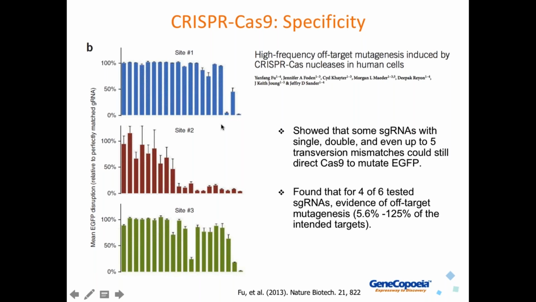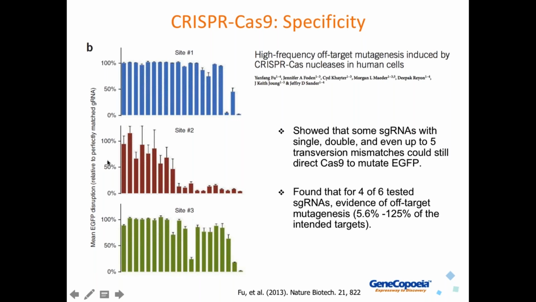And this was first demonstrated a few years ago in Keith Joung's lab, where they found that they could mutate different positions in a single guide RNA and then test them against a GFP reporter that's been integrated into the genome. And when they looked at each of these bars, which represents efficiencies of indel formation with each position mutated in the guide RNA, what they found was that even with these mismatches, you can often get very high, sometimes even 100% editing of the target site.